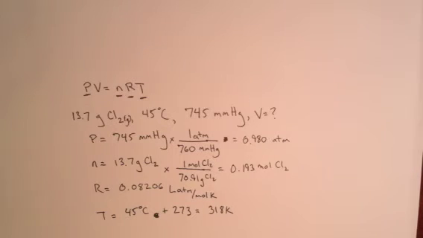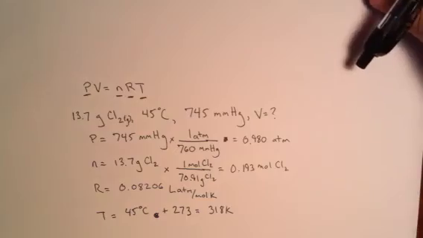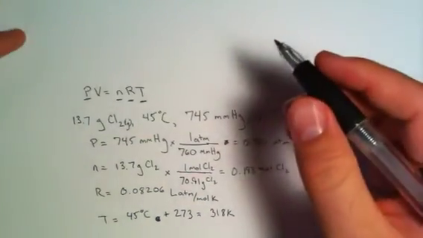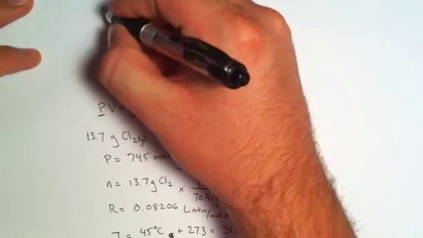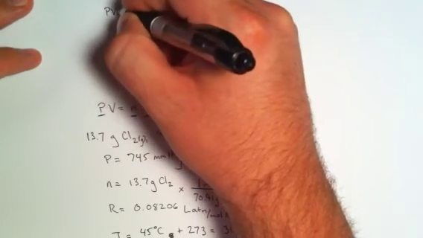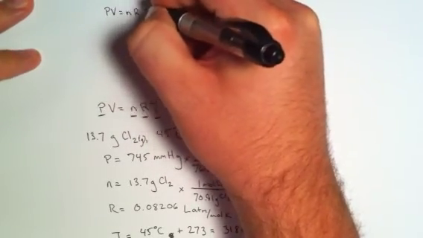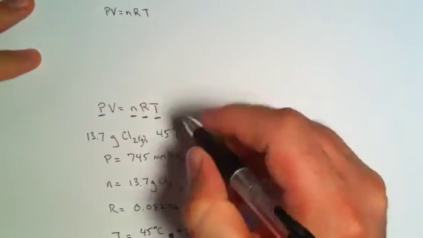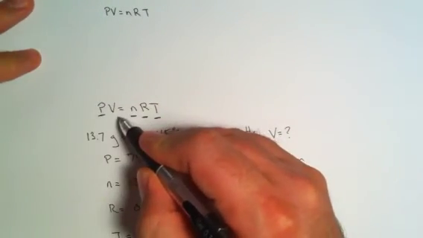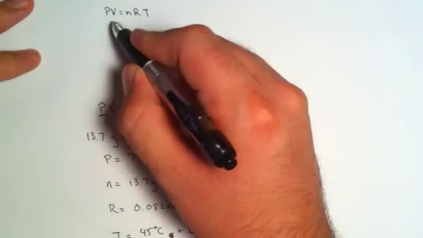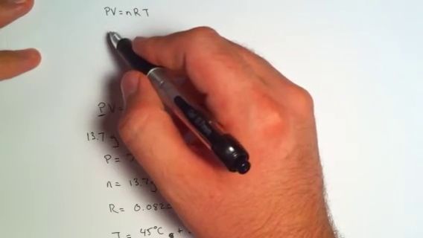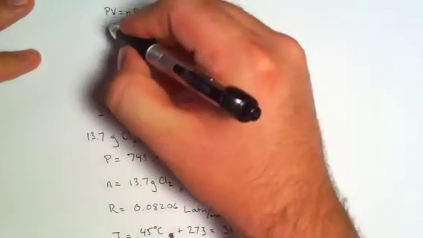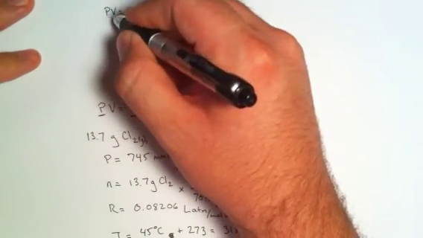Now that we know all of these variables, let's plug into the equation. We have PV equals nRT, and we know everything besides the V. We want to solve for V. The V is like the X in our last video, that's what we're solving for, what we want to be all by itself.